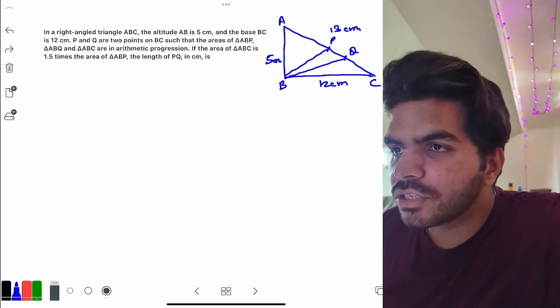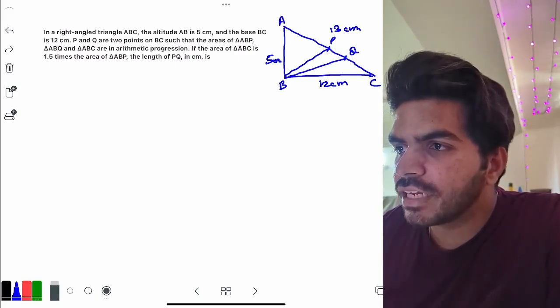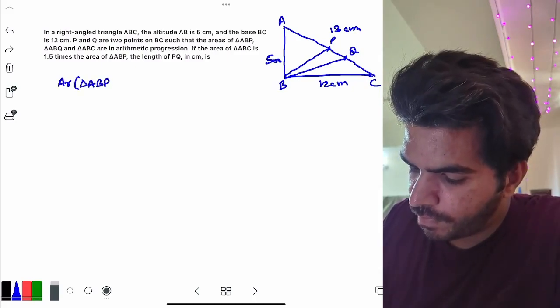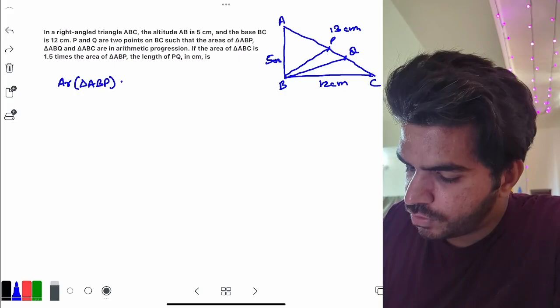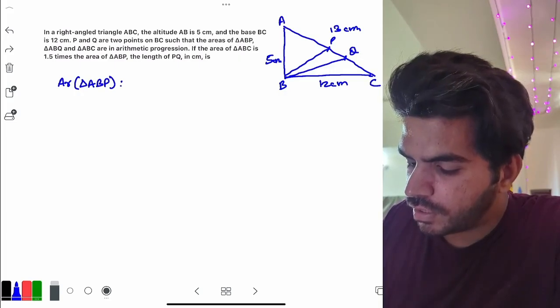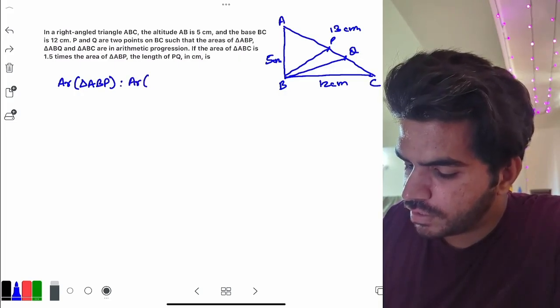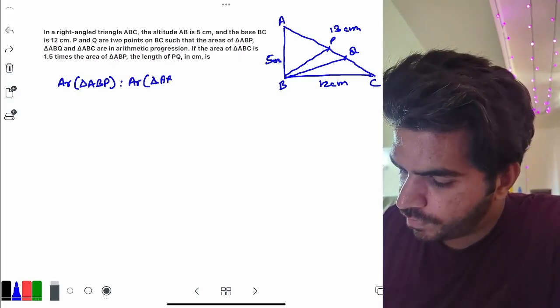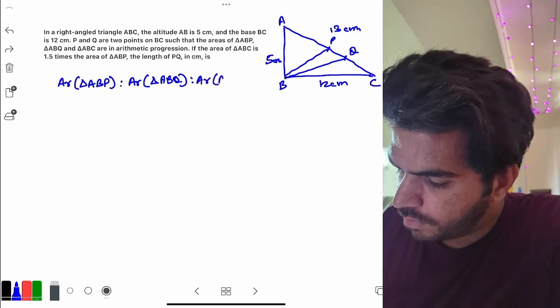Now there's this condition given that area of triangle ABP to triangle ABQ to triangle ABC.